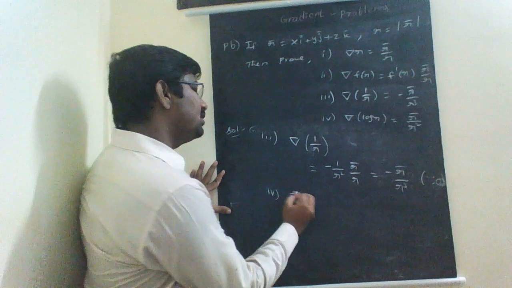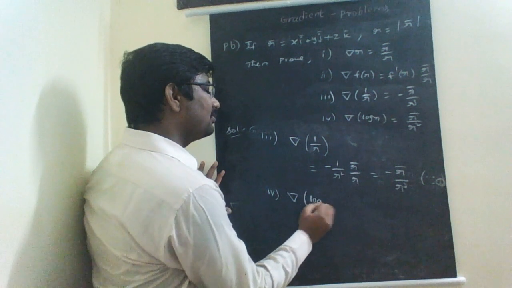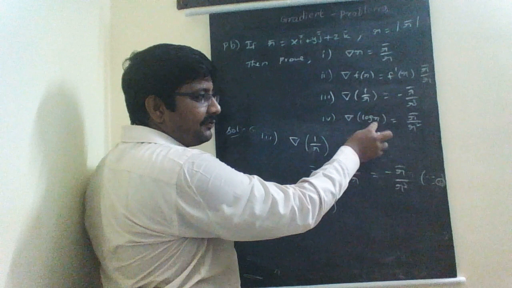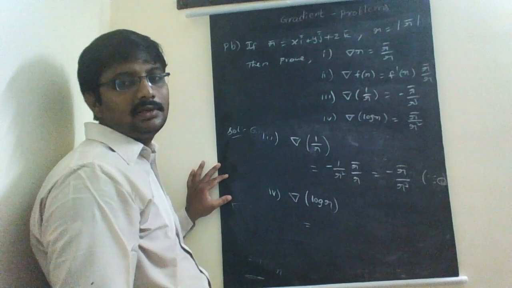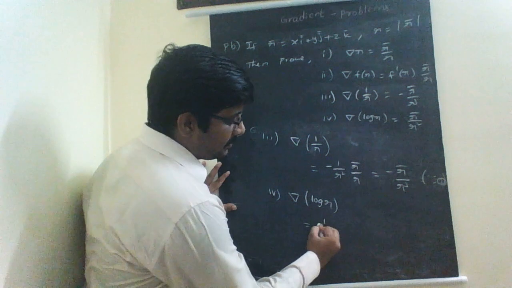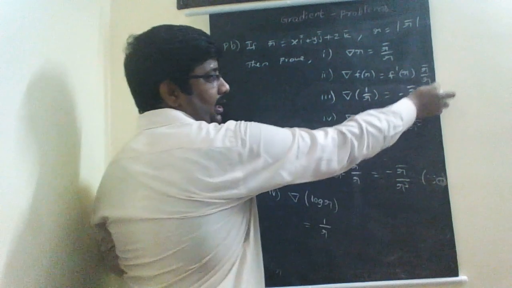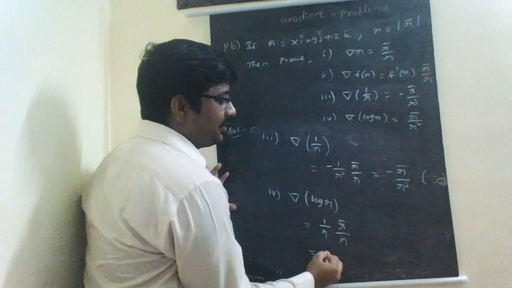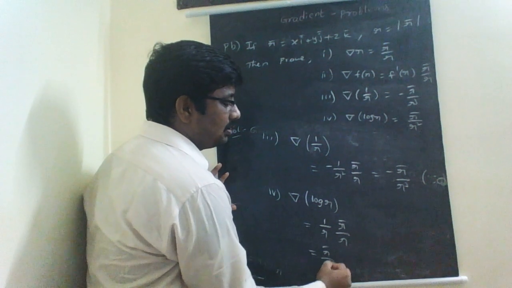So the value of del of 1 by r is minus r bar by r cube. Similarly, taking the fourth one, that is del of log r, which is also compared with del of f(r). What is f(r) here? Log r. Now what is the derivative of log r? 1 by r. And then we have to write r bar by r. So thus we will get r bar upon r square.